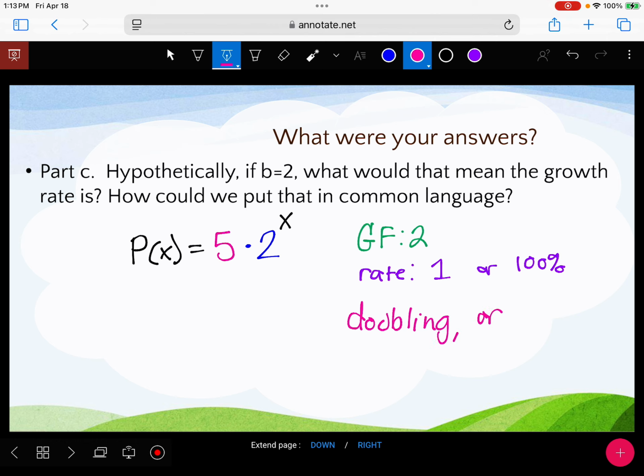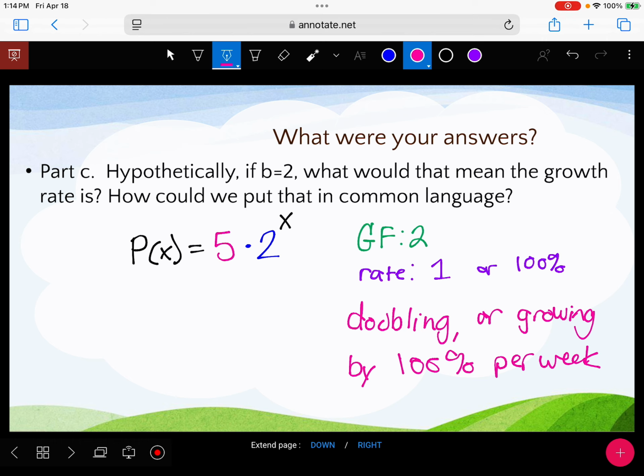So if it had a base of 2, we could say that it's doubling or that it has a growth rate of 100%, or growing by 100% per week. So we can still find R even if we have whole number bases. It's just looking at the relationship between those two pieces.